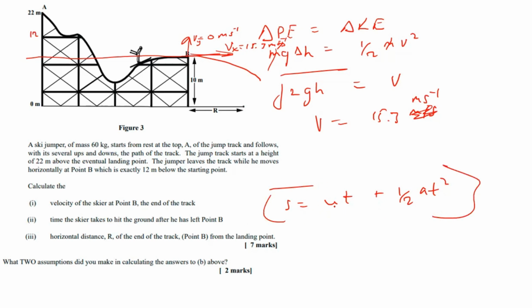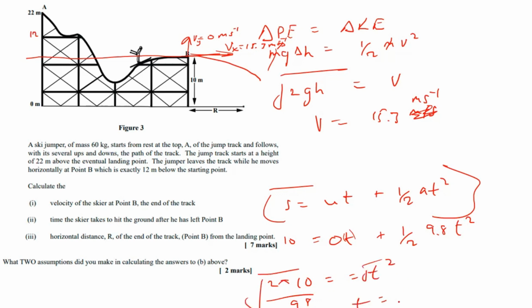Along the vertical, the initial velocity is 0 and the height is 10. 0 times t gives 0, plus a half times 9.8 times t squared equals 10, so t ends up being 1.4. I think that's the answer.